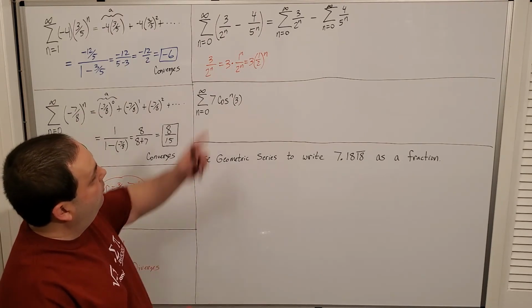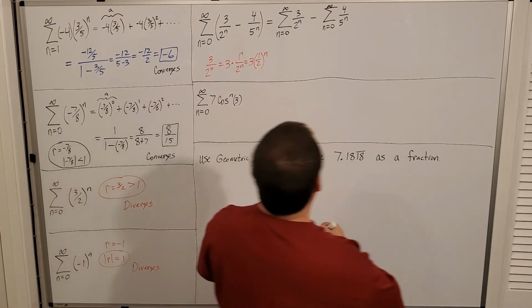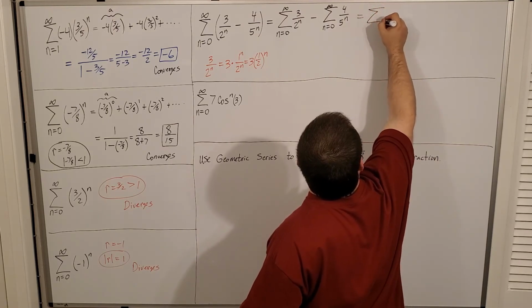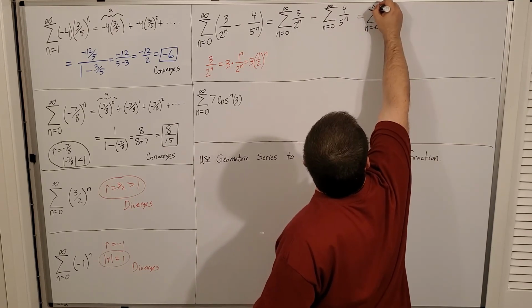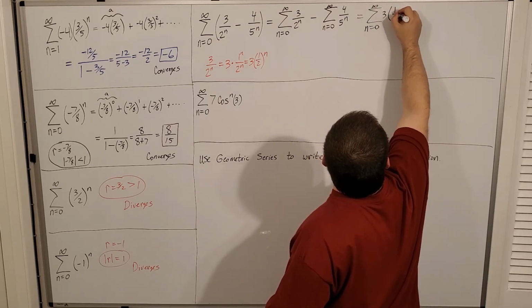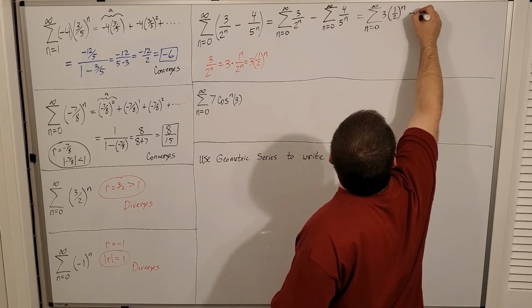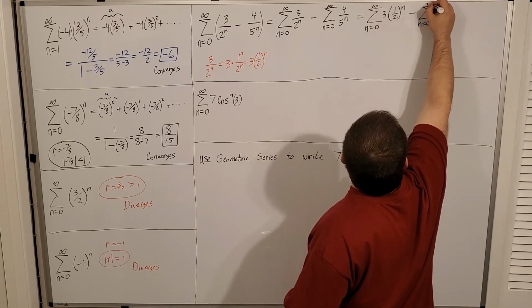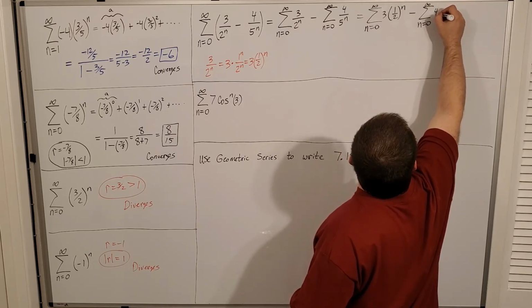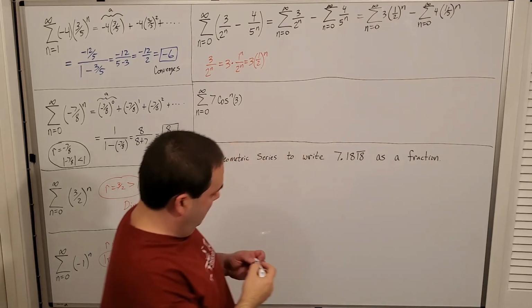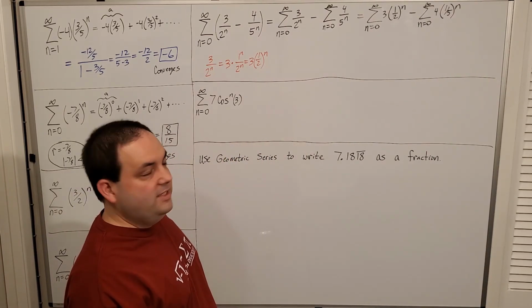And I'm going to do that for both of those guys. So then what I've got is the summation n equals 0 to infinity of 3 times 1/2 to the n minus the summation n equals 0 to infinity of 4 times 1 over 5 to the n. So I've got two geometric series there.